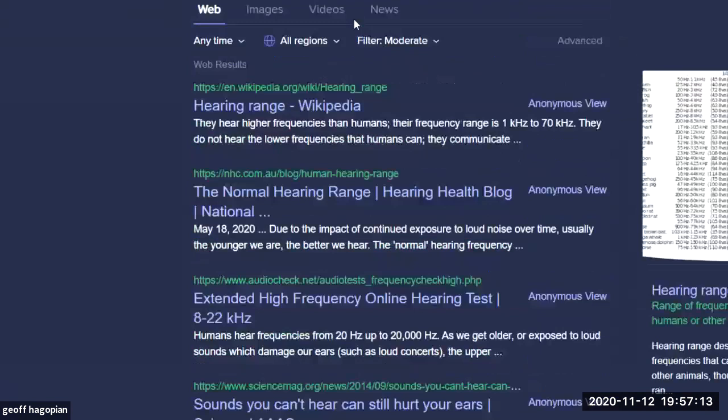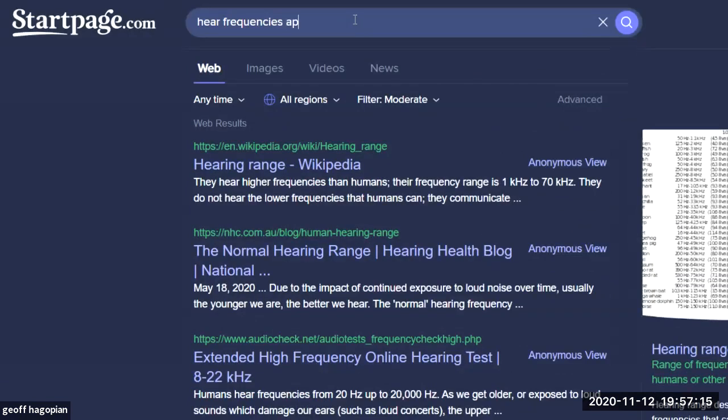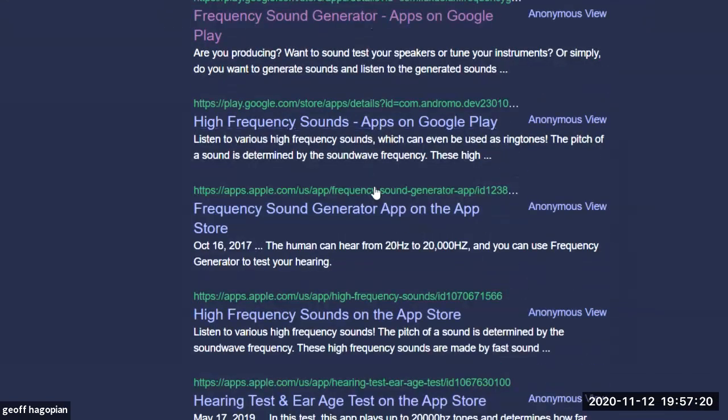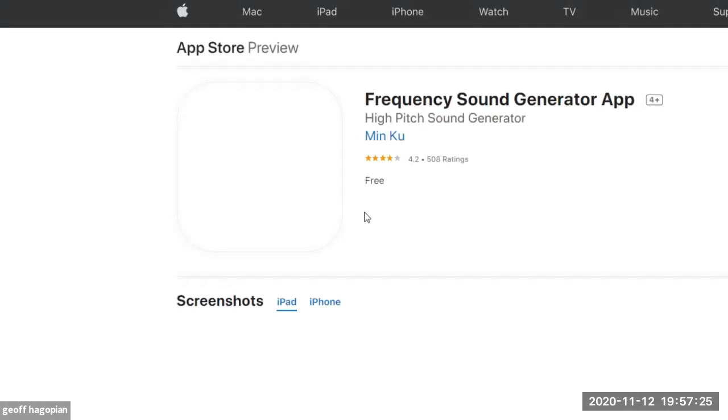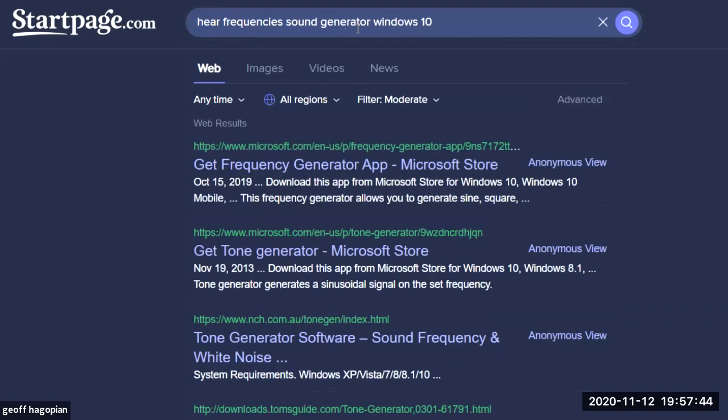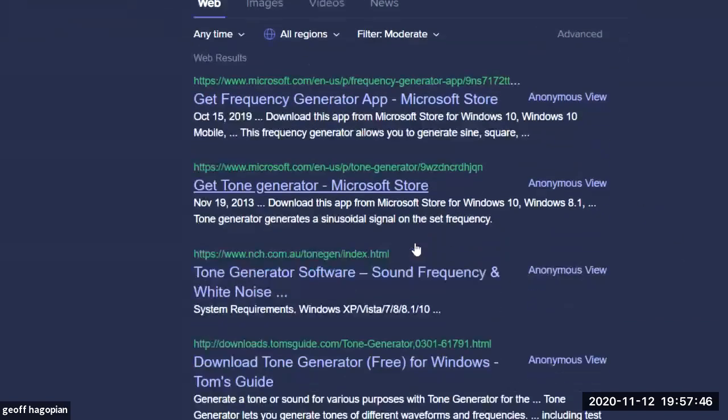Yeah, so I actually want an app that will do that. I don't want it to be a phone app. It's on Google Play. All right. Frequency sound generator. That's what I want. Is this going to do it for us? Oh. All right. No. So I want, sorry, frequency sound generator, Windows 10. How about that? Can you do it for Windows 10? Microsoft Store.